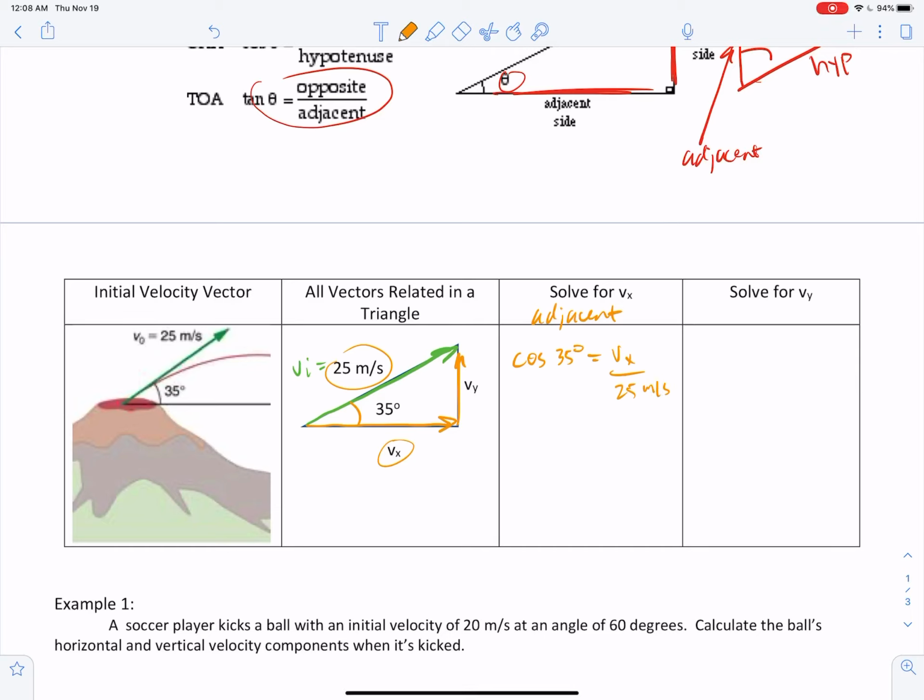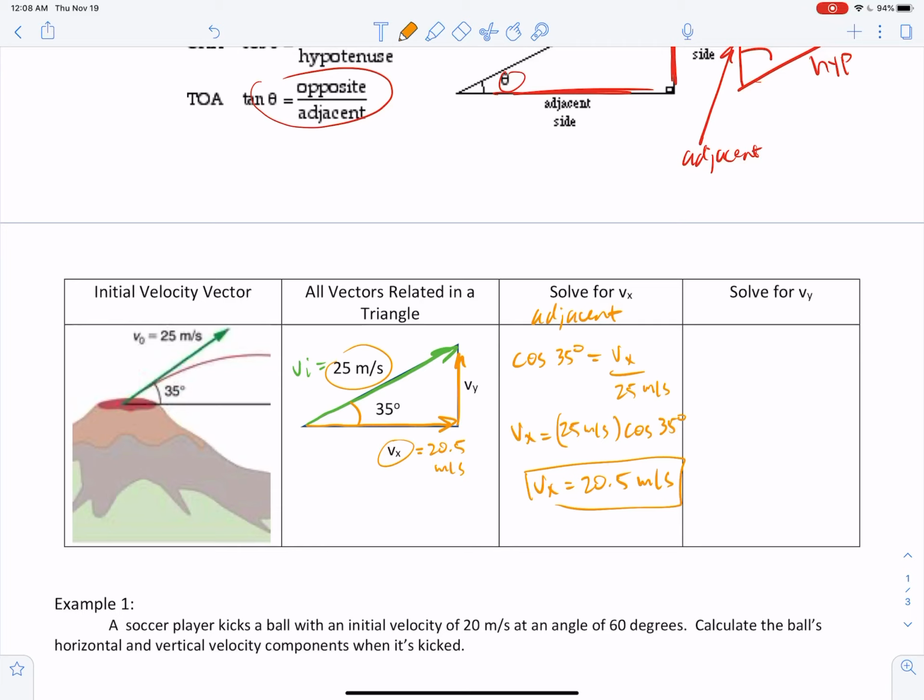Multiplying both sides by 25, I get that Vx equals 25 meters per second times the cosine of 35 degrees. So the value of Vx is 20.5 meters per second. And so I could put that here, 20.5 meters per second.